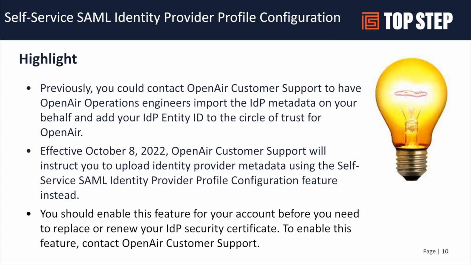In this current release, you will now be able to upload with a switch turned on. You'll be able to upload your own SAML certificates into OpenAir without needing support. So it gives you the ability to be more self-service on setting up your SAML, and allows you to be more efficient with that setup.